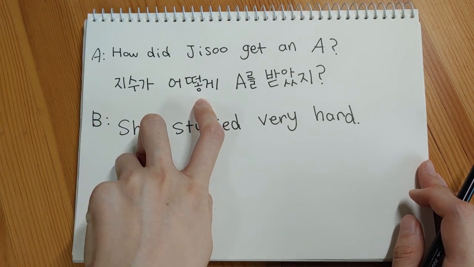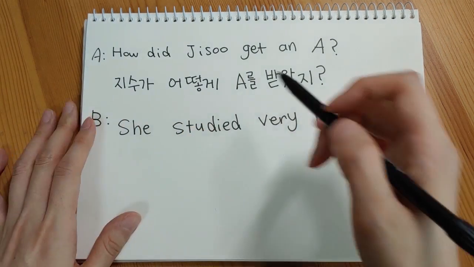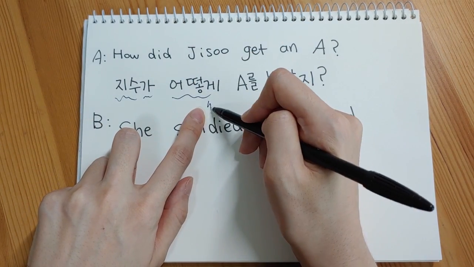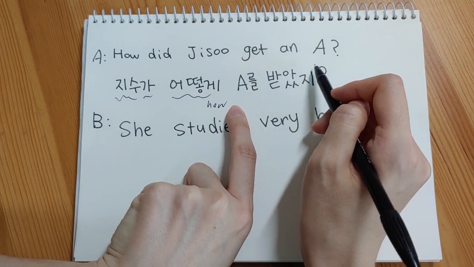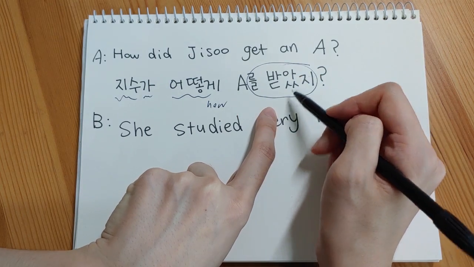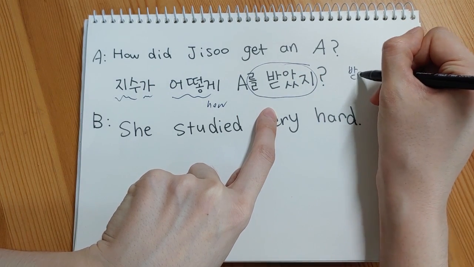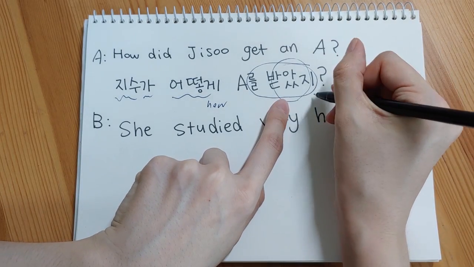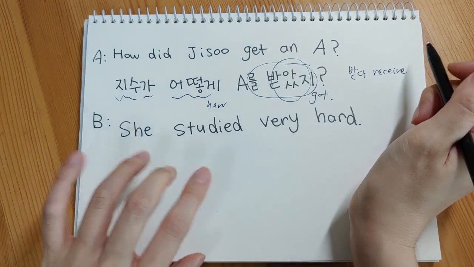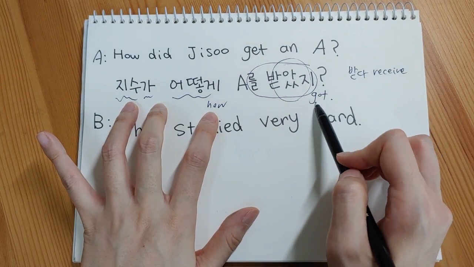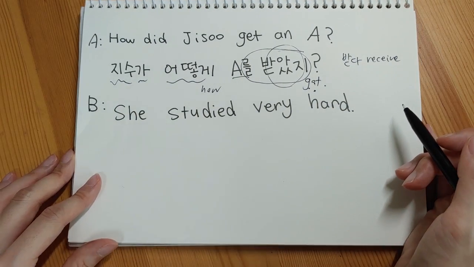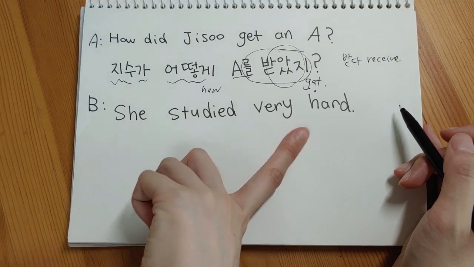지수가 어떻게 A를 받았지? 지수, subject marking particle, 어떻게, how, A를 받았지? 받다 means to receive or to get. So this is obviously the past form, right? So this means got. So how did 지수 get an A? And how do we say she studied very hard?